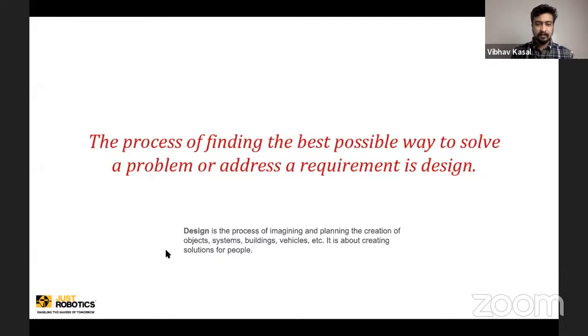Design in robotics is about creating a robot so that it is the best when it has to solve something. Say you are building a robot to navigate on the moon, so you add those features and design the robot in such a way that it navigates through the moon and communicates with the base station better. So design is a process of finding the best possible solution for that particular given problem.